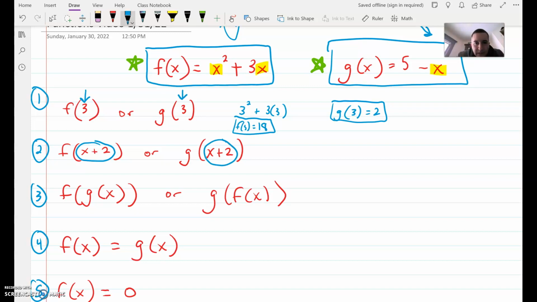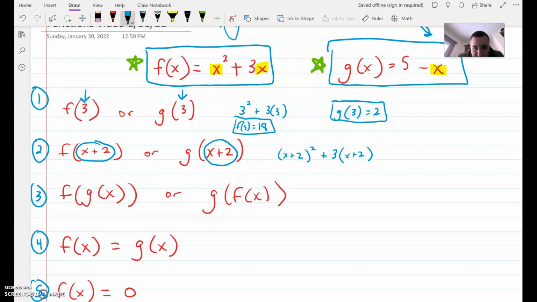Let's just do the f function because it's more complicated. I'll do them both. f of x plus 2: instead of x squared, I would do x plus 2 squared. That's my new input. Plus, instead of 3 times x, it'd be 3 times x plus 2. Notice I took this original function up here, and I put a new input in, the one that they told me to. So then I have to FOIL this out.